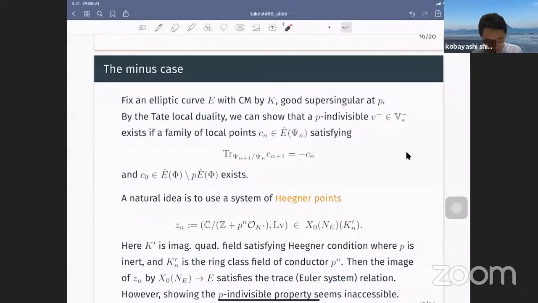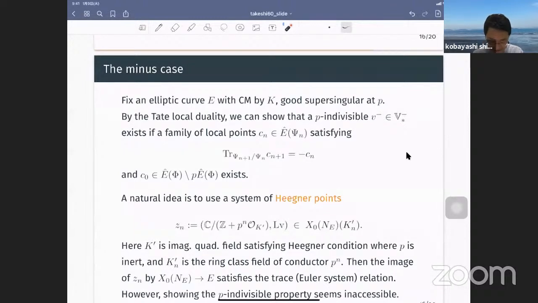So it is happy if we can use phi-gamma theory to construct such points, but for the anticyclotomic case, I don't know how to. I didn't know how to solve it in the Saito seminar.